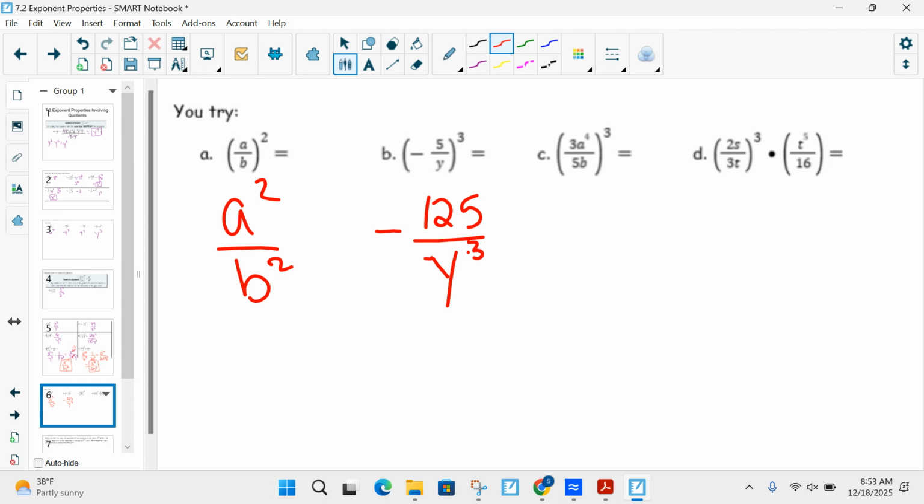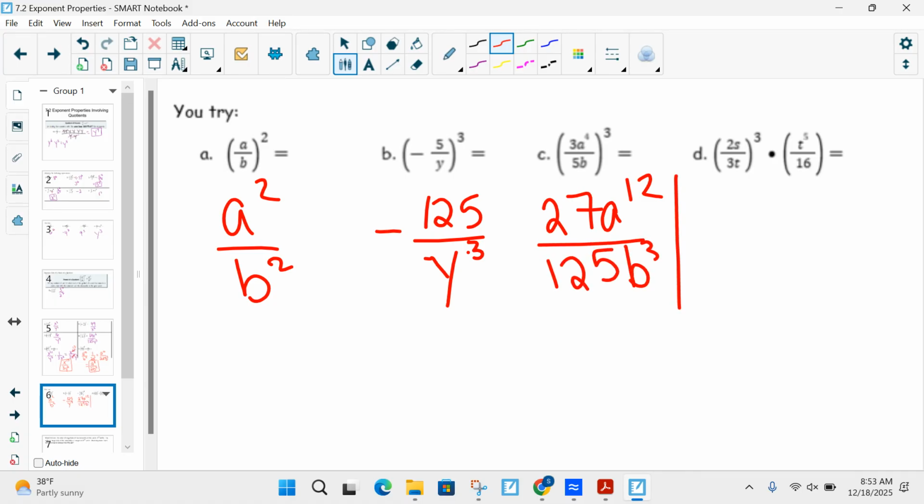And then C, Jude. Yes, sorry. I keep forgetting to say which Jude. Grant, turn it on. Yes, good job. How do y'all not get that?